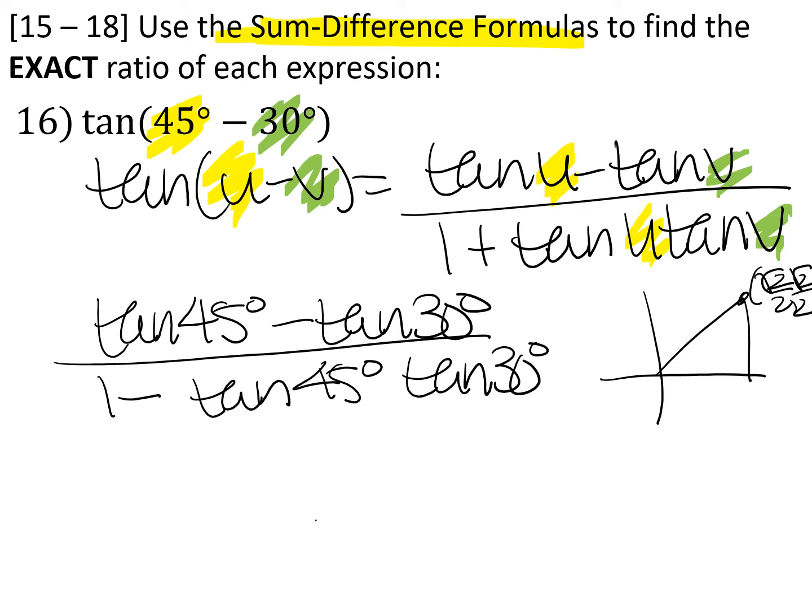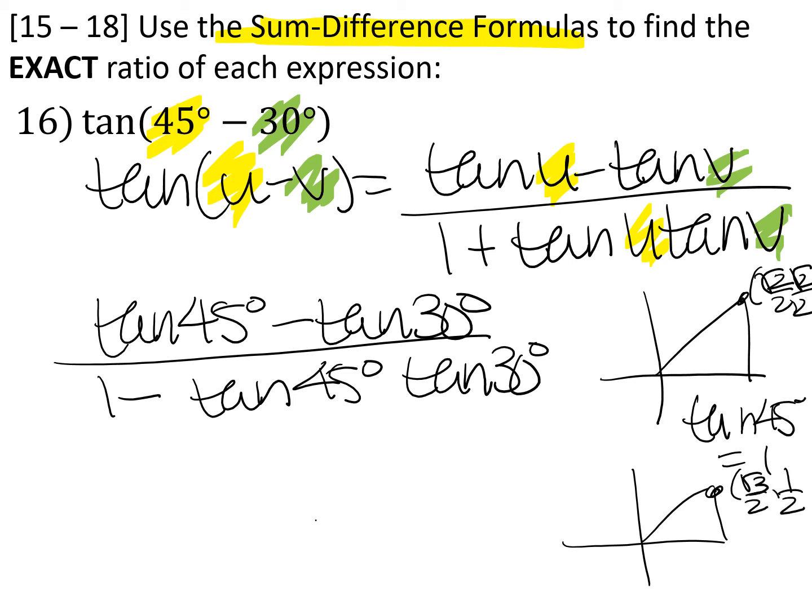So tangent of 45 is equal to 1. Tangent of 30 is dealing with this one here, root 3 over 2, 1/2, so tangent of 30 degrees is equal to 1 over root 3.